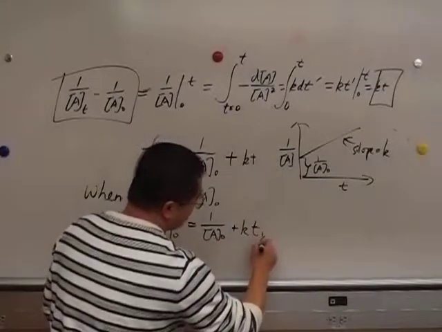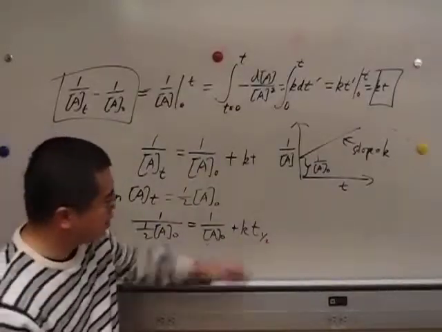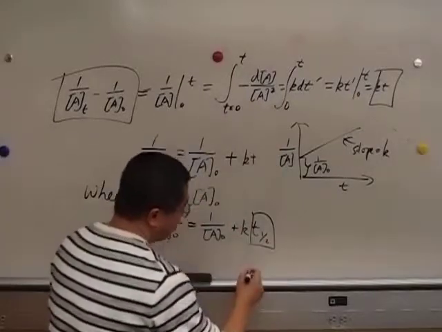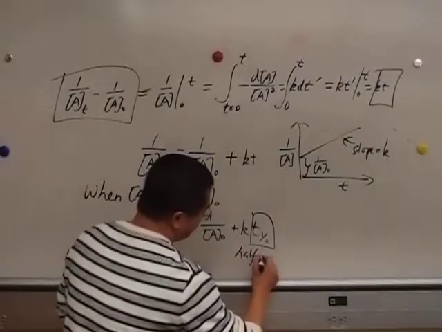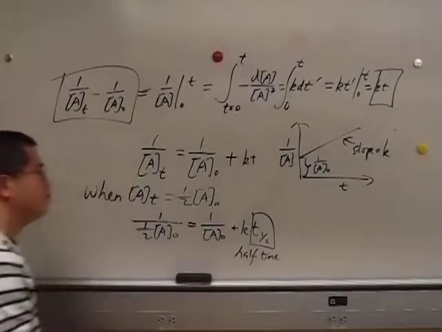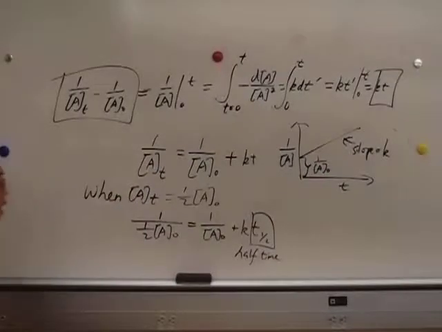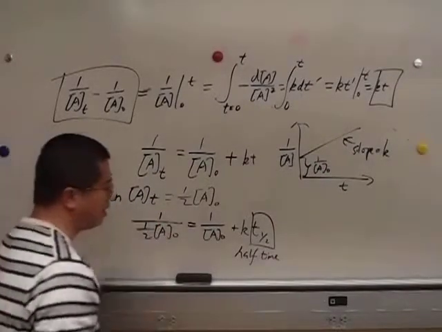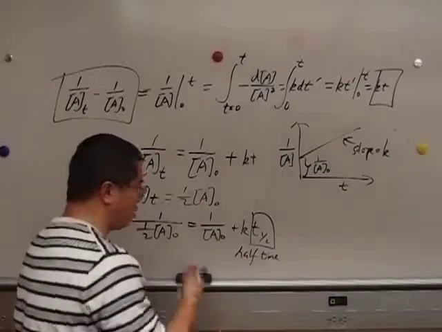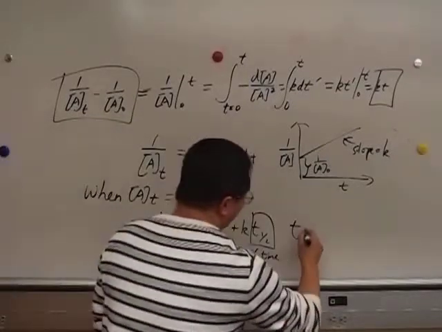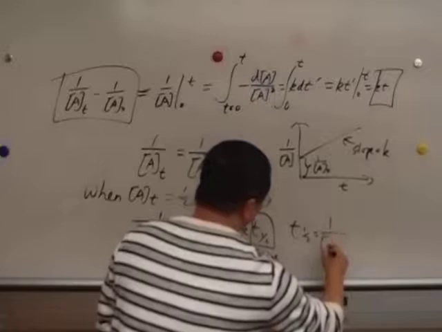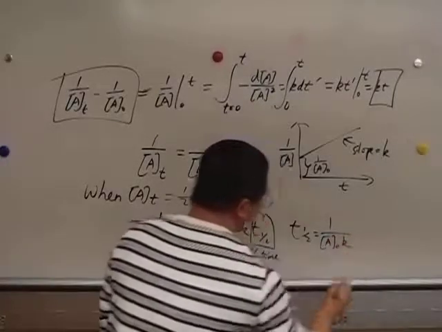I'm going to use a subscript here, and this denotes half time. Now we can easily see that this is actually 2 over A naught minus 1 over A naught. You get 1 over A naught, and then the half time is just 1 over A naught, and then there's a k here.